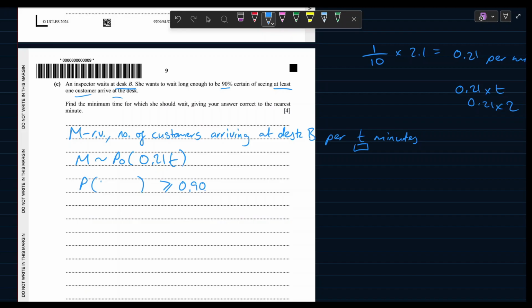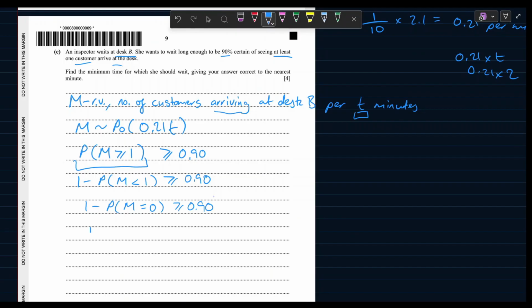So that means M is greater than or equal to 1, which means at least one customer arrives at desk B. To find this probability, we can rewrite this as 1 minus the probability that M is less than 1, is greater than or equal to 0.90, which is the same as 1 minus the probability that M is 0, greater than or equal to 0.90. And so we get that this is 1 minus e to the negative lambda.